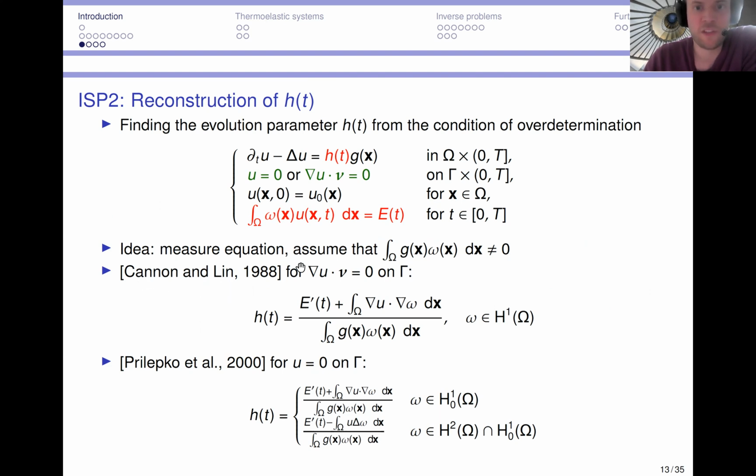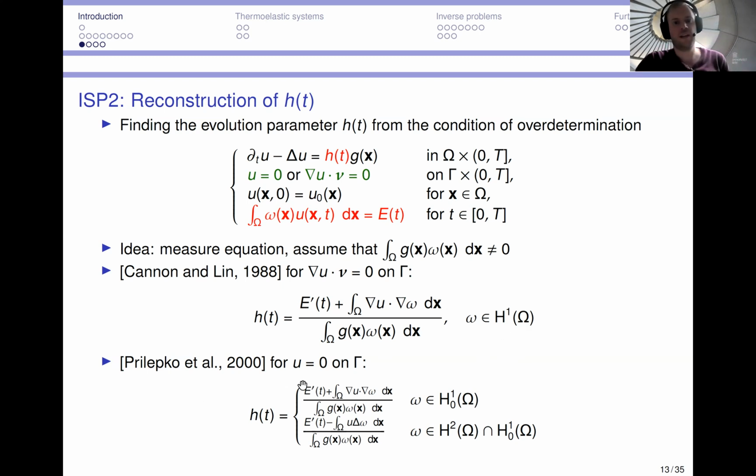Cannon and Lin consider the homogeneous Neumann boundary condition and obtain this expression for the source h in terms of the measurement and the function u. So when you apply Green's theorem here with homogeneous Neumann boundary condition, the boundary term cancels out, and we need that this weight function omega belongs to H1.